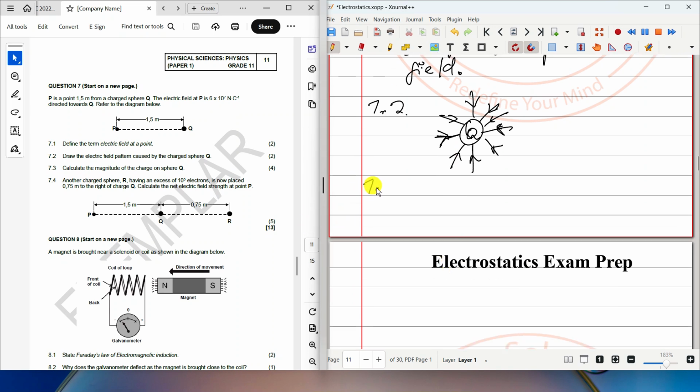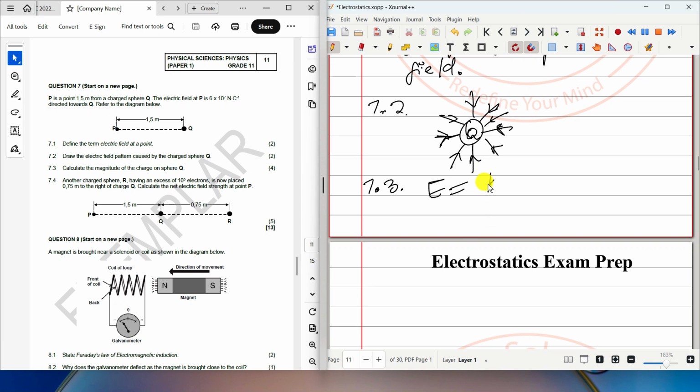7.3 says calculate the magnitude of the charge on sphere Q. So what we know, guys, is this. We know that electric field strength is equal to force divided by charge. But here we don't have the force. So since we do not have the force, what can we do?